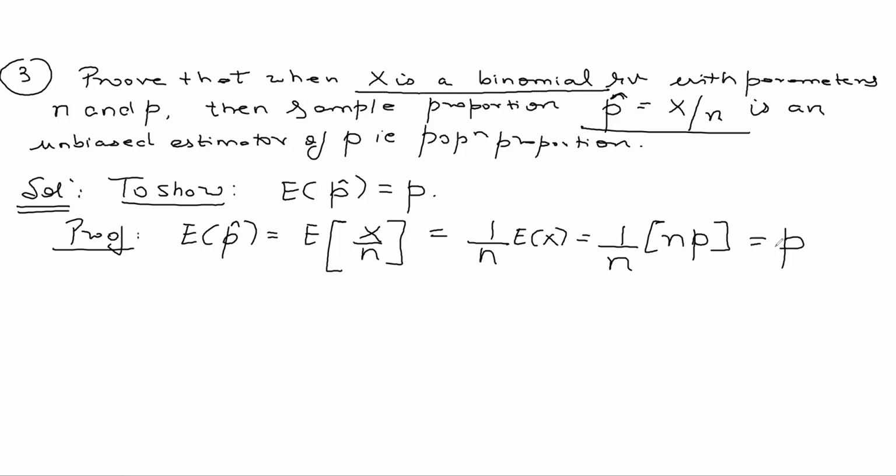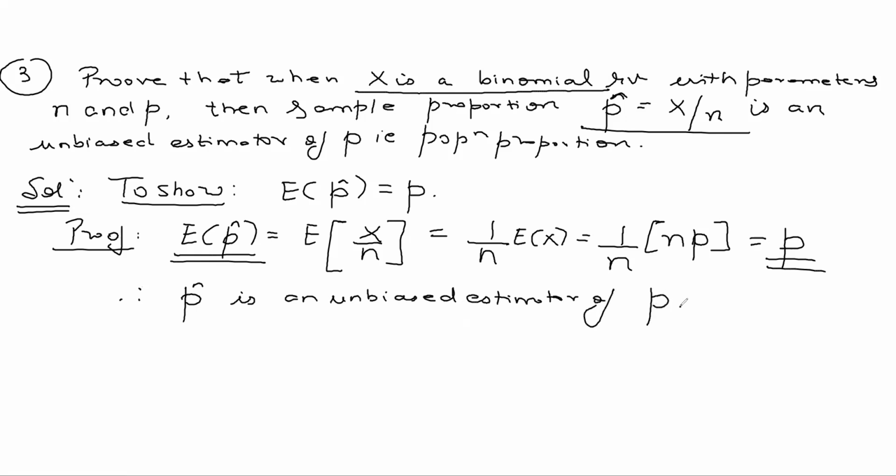This comes out to be P. So we have shown that expected value of P hat is equal to P. Therefore, P hat is an unbiased estimator of P. Or I can say that the sample proportion is an unbiased estimator of the population proportion.